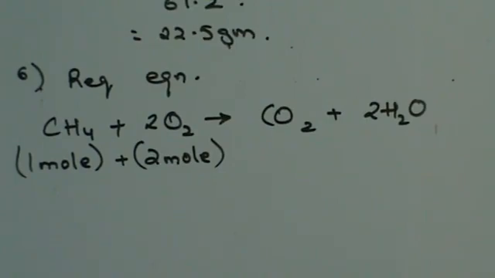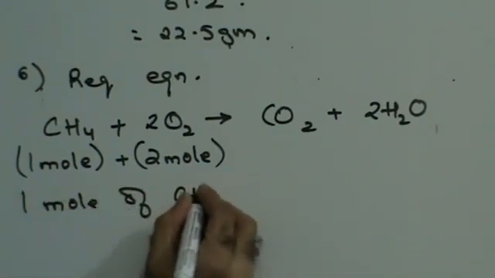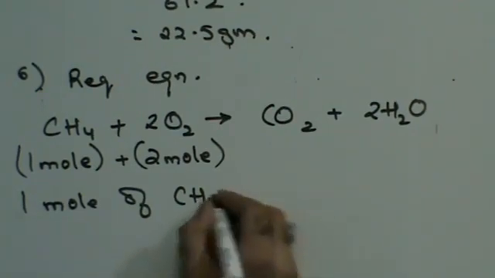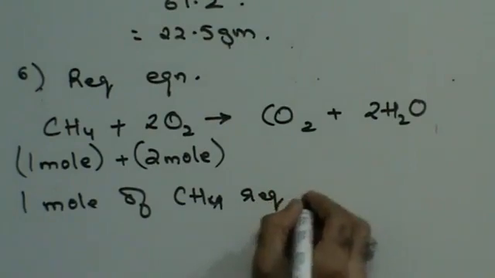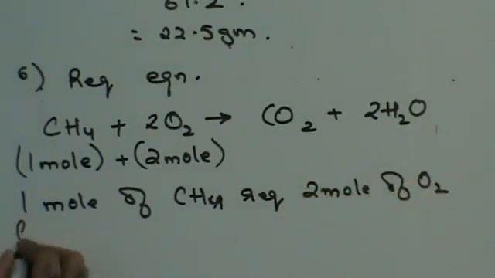They have said calculate the volume of oxygen required. That means I can say 1 mole of methane requires 2 moles of oxygen for combustion.